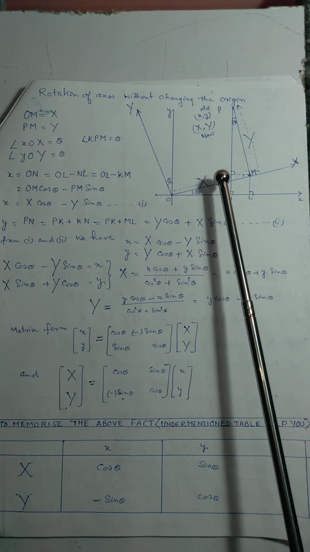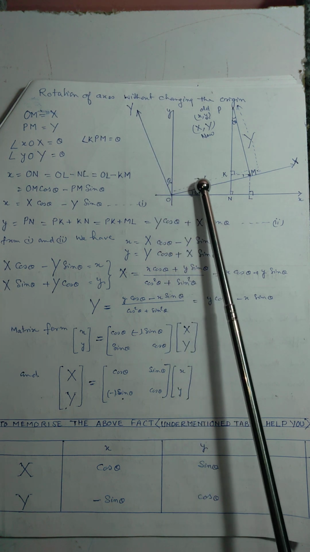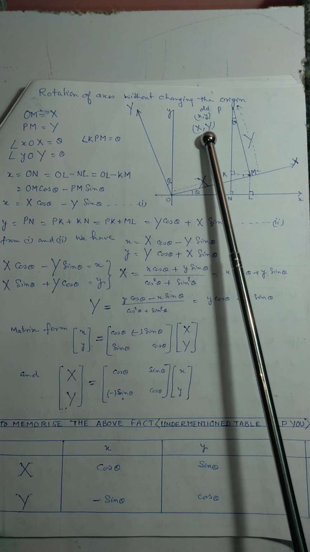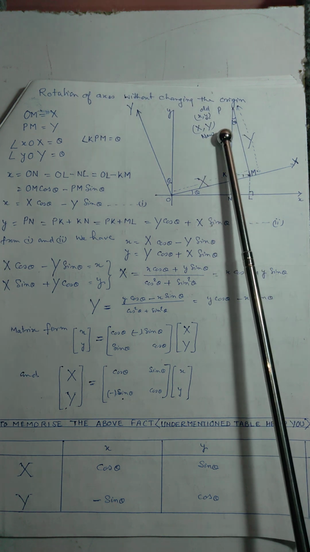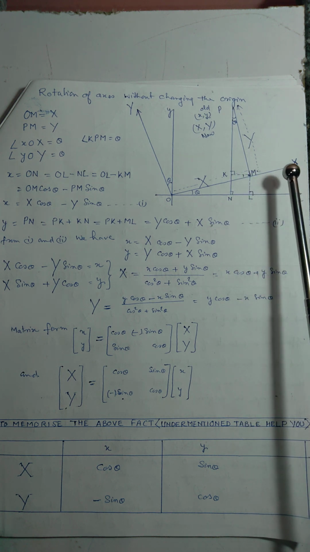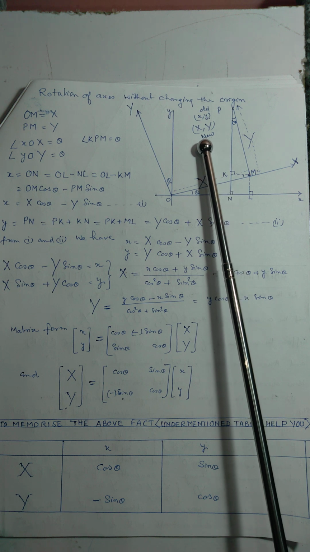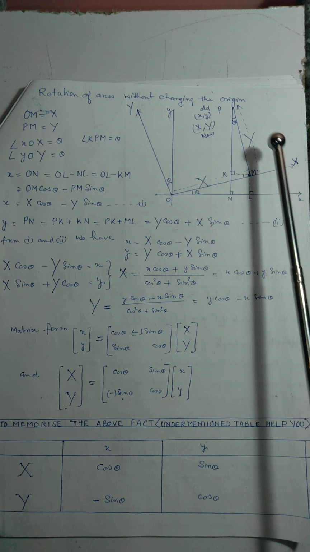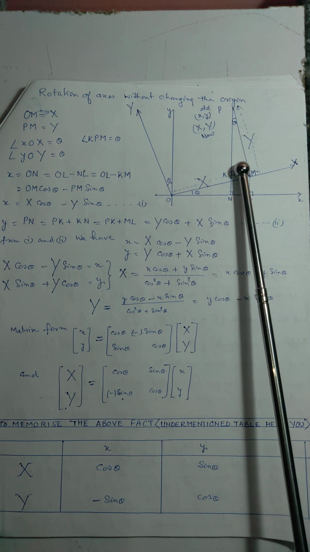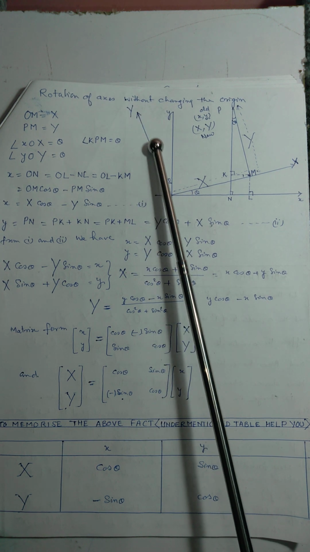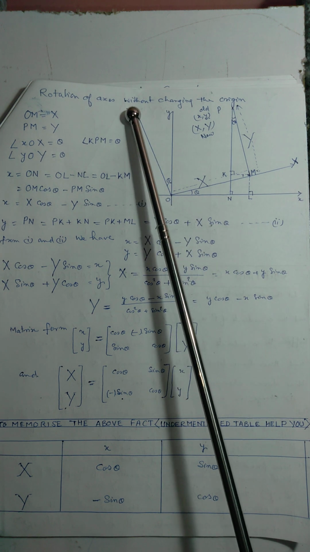With respect to the new axes, that is OX capital and OY capital, let the new coordinate be capital X, capital Y, meaning after rotation, when the axis has been rotated by theta degrees, at that time its coordinate will be capital X, capital Y. The point will remain there, but its coordinate will be changed with respect to the new axes, that is capital OX and capital OY.